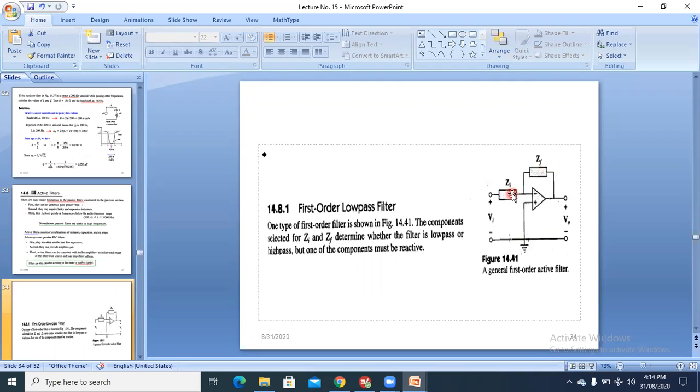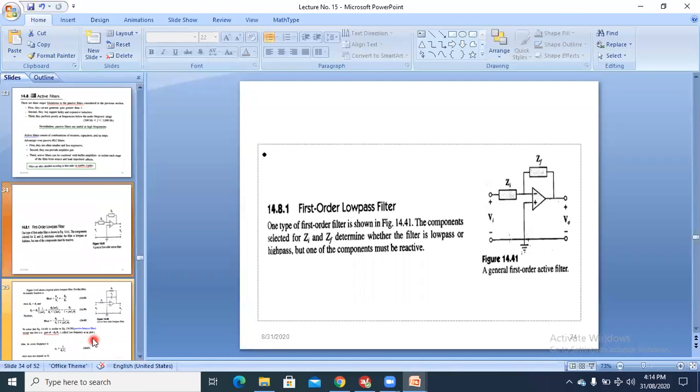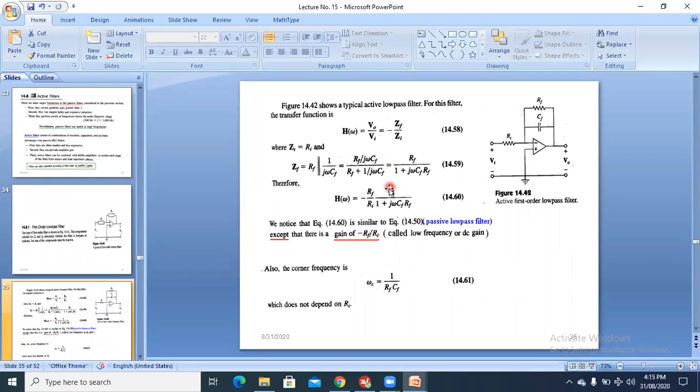So in circuit 1, you have learned how to calculate the gain of this circuit, which is V out by Vi, and that is minus Vf by Vi. And so for Vi here, we have the Ri, and Vf we have Rf parallel to Cf.